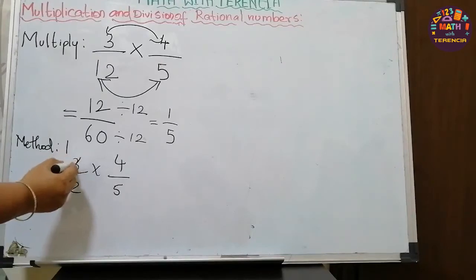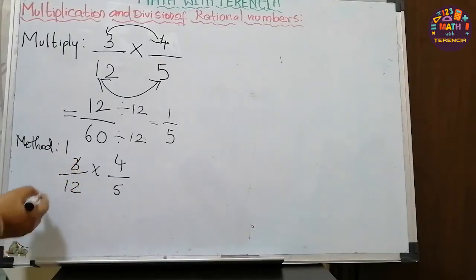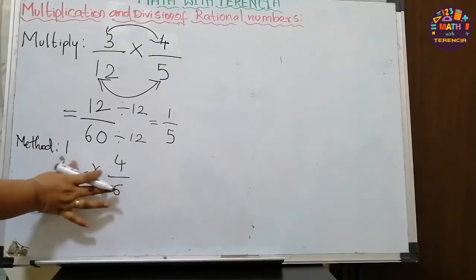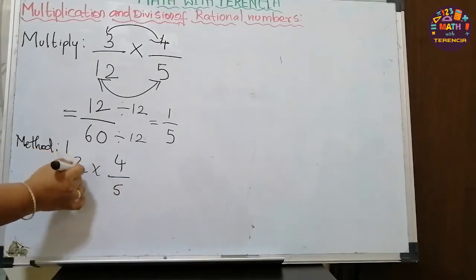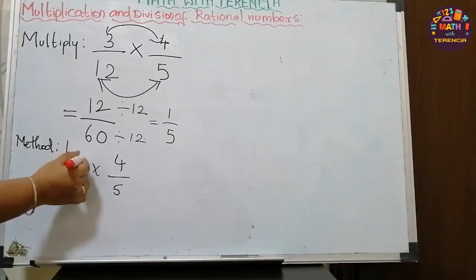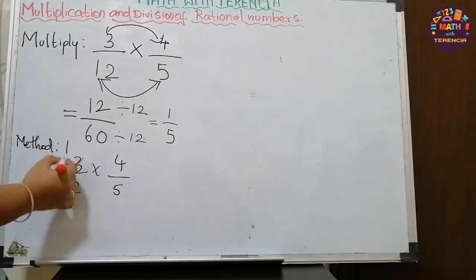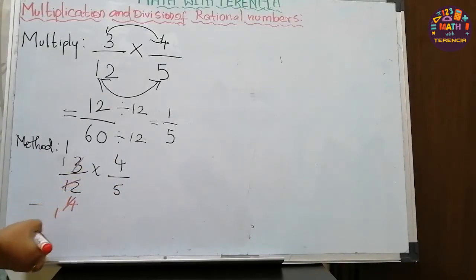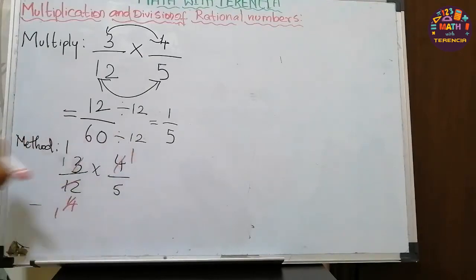You can cancel using the cancellation method. 3 times 1 is 3, and 3 times 4. And again, see, you have 4 and 4. 4 times 1 is 4 and 4 times 1 is 4.